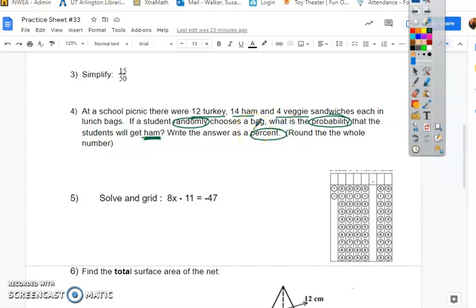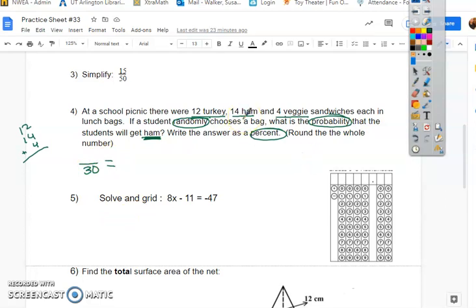So when we're doing probability, we need a total. Our total would be when we add these. So I want you to add 12 plus 14 plus 4, and hopefully you get 30. And then it says, how many will be ham?